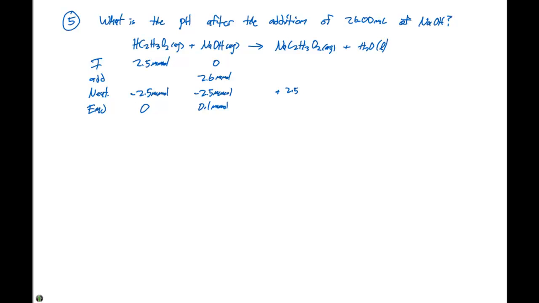In the process, 2.5 millimoles of sodium acetate were produced, and at the end we have 2.5 millimoles of our sodium acetate here.